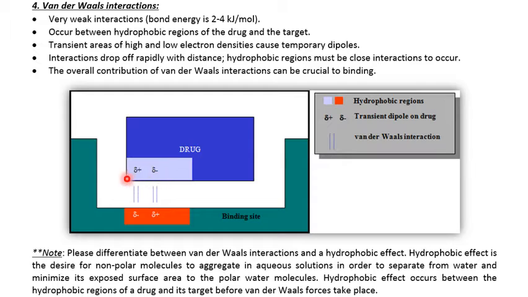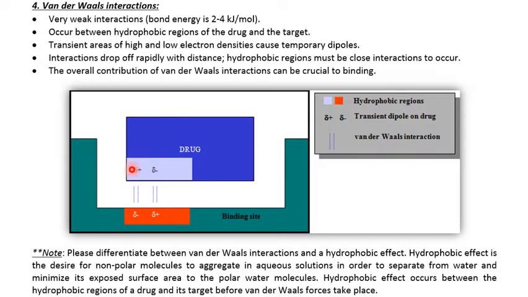The way these bonds are formed is when a distribution of the electron density occurs in one hydrophobic region, and another disturbance in the electron density occurs in the other hydrophobic region in the binding site.